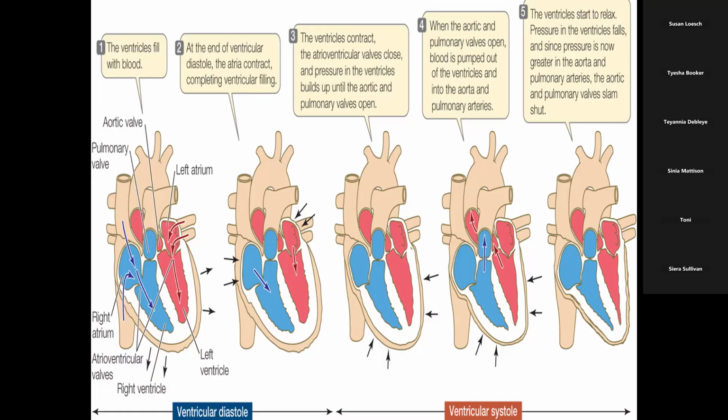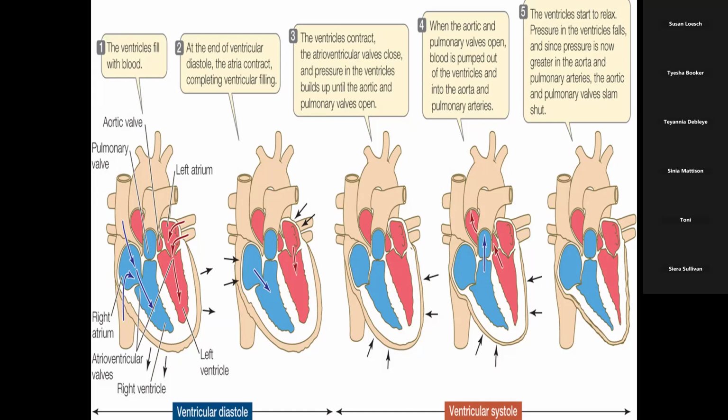So it starts with the atria being relaxed and that blood coming in from the inferior and superior vena cava. It goes into the right atrium. At the same time, the pulmonary veins are going into the left atrium. So both of these atria are filling up.